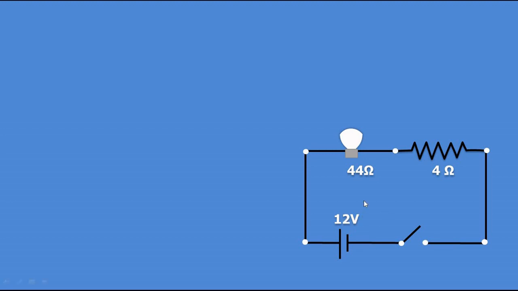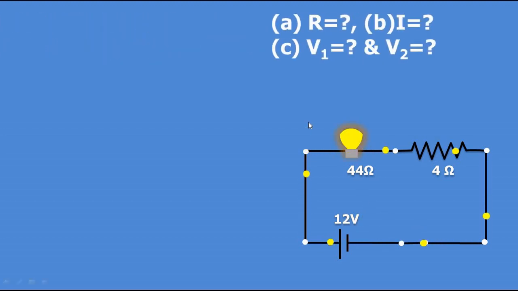Now let's see what the question asked. A, R equal to what? What is the value of R? That is, R is the effective or the equivalent resistance of the combination. B, I, the total current flowing through the circuit. C, V1, what is the value of V1?